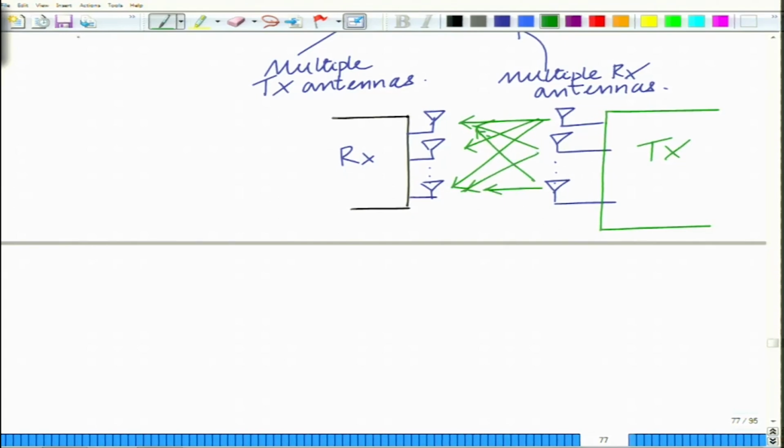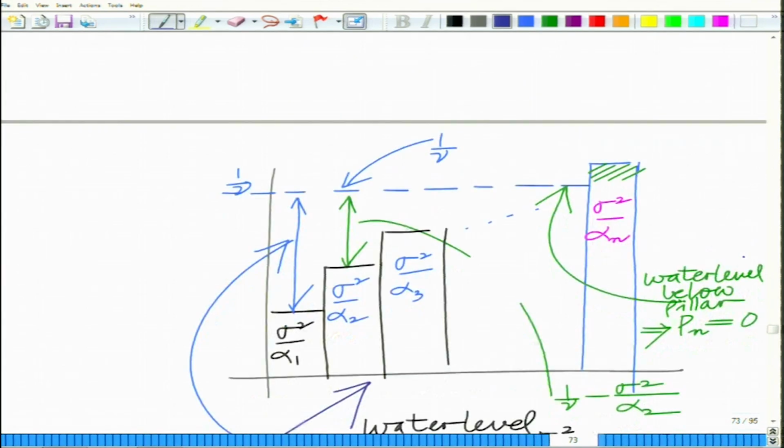Okay, and so let us say we have R receive antennas, and this quantity T equals the number of transmit antennas.